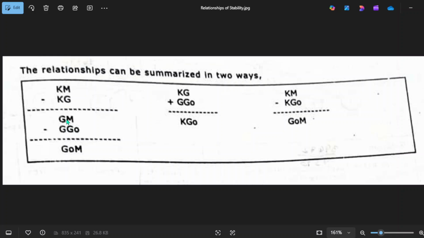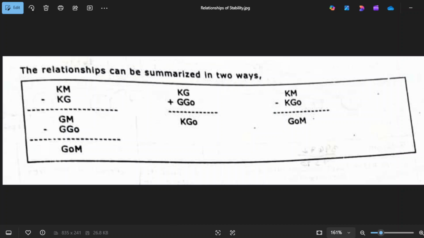To find GM is KM minus KG, and to find G0M is GM minus GG0. KG minus GG0 is your KG0, and a shortcut is KM minus your KG0 is your G0M. There are two ways, this one and this one.